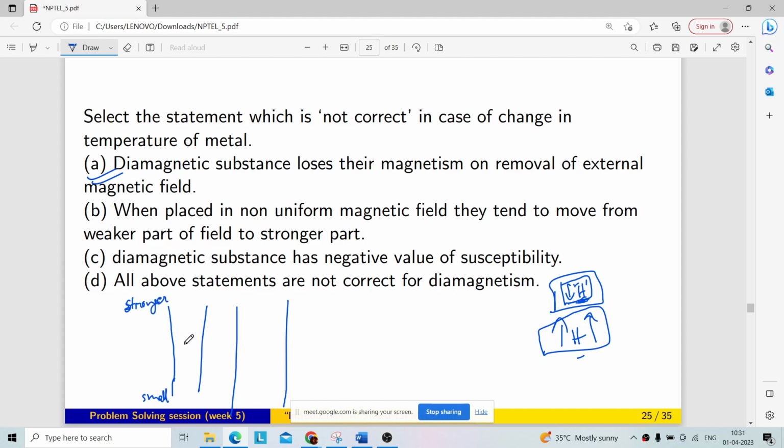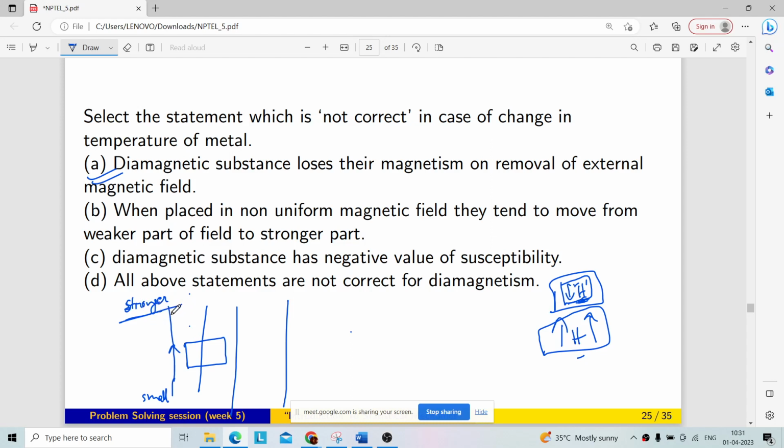And we have a diamagnetic material inside it. So diamagnetic material is always repelled by this external magnetic field, right? Let's draw the arrow like this.